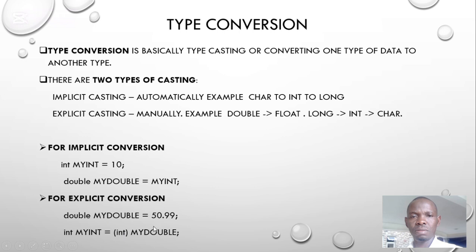We typecast my variable name, my double, that is, we want to convert this 50.99 to an integer, which means converting 8 bytes to 4 bytes. So we need to typecast my double and store it inside a variable of this variable type. In that case, the result will be 50.